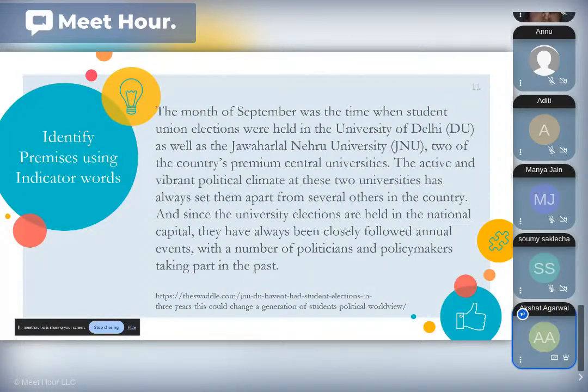So the author's argument, if you look at just this paragraph, is that the DU elections have always been closely followed by a number of politicians and policymakers, etc. And one of the reasons, perhaps, is that they're held in the national capital, and we get to know that from the use of the word since. So the moment you see the word since, you can figure out that we have a premise here, right?